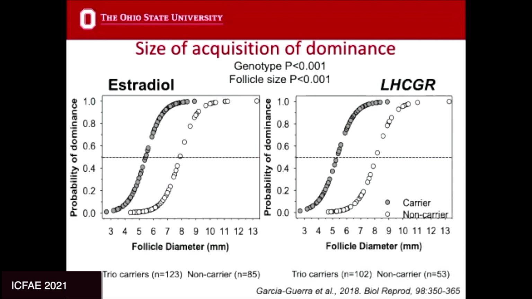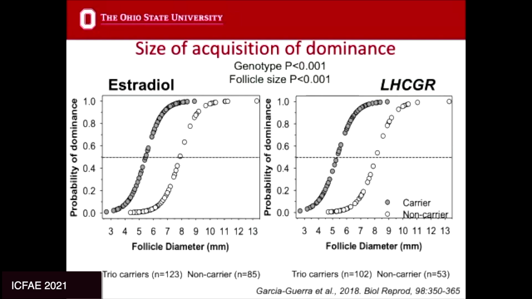Then we took a slightly different approach. Through the use of estradiol concentrations, we were able to develop a cutoff that allowed us to classify follicles as dominant or non-dominant. That took us back to the same approach that I showed you a few minutes ago with the ovulatory capacity, in which we evaluated the probability of dominance as a function of follicle size and genotype.